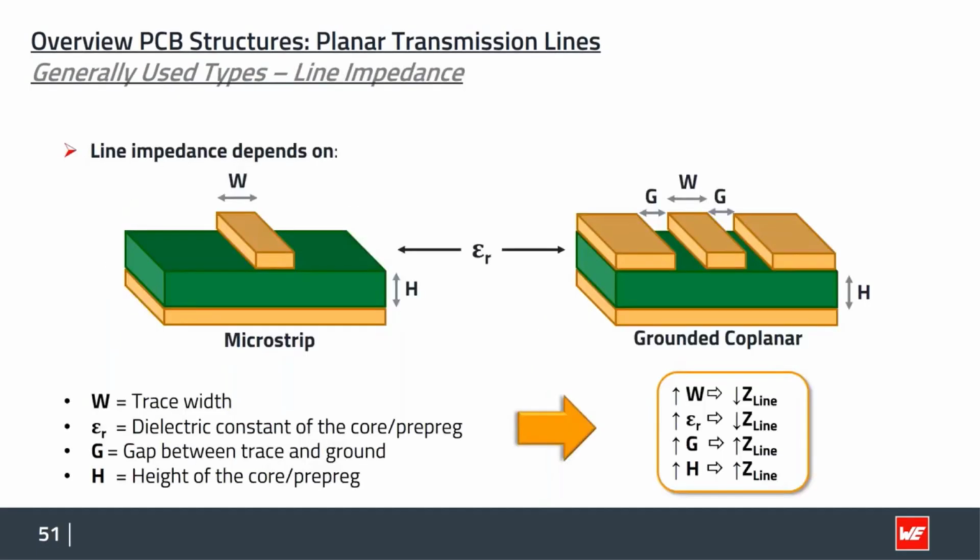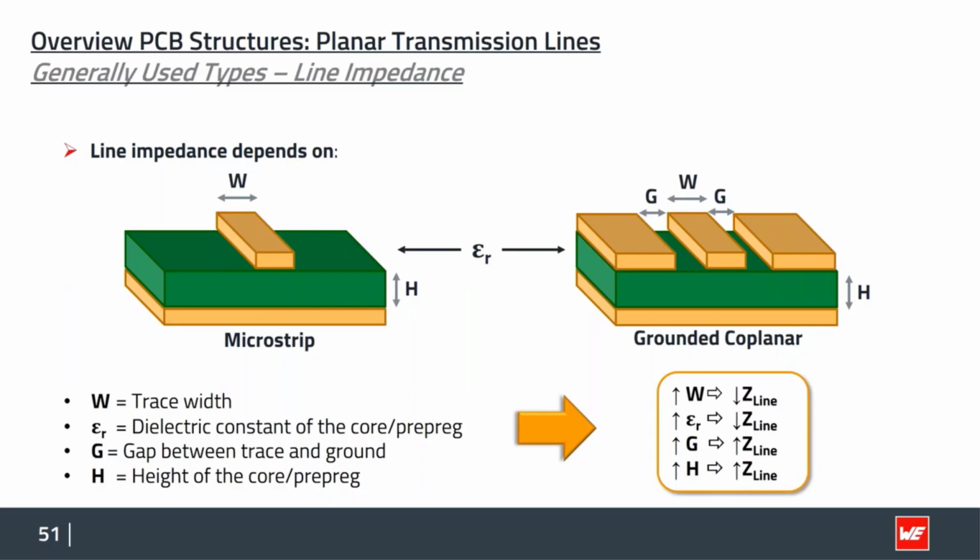How do the different parameters influence the impedance? If I increase the width of the RF track, then my impedance will decrease. If I choose a material with a higher epsilon R, my impedance will decrease.